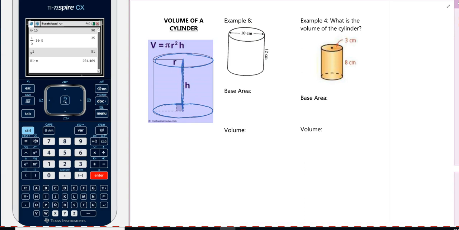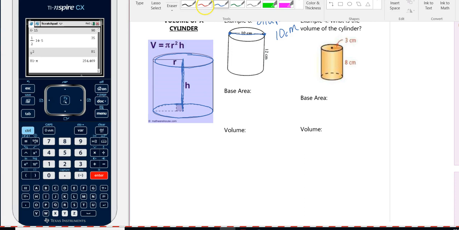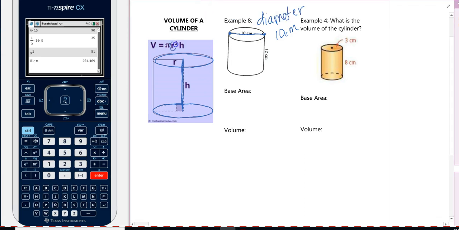So when we find the area of our cylinder here in example number 8, notice that they gave us the distance all the way from one side to the other side. That right there is the diameter. So always make sure that you can identify the diameter and the radius, because the equation is asking for the radius.